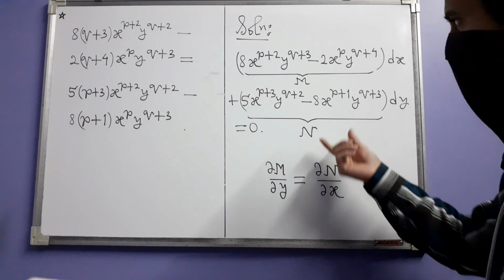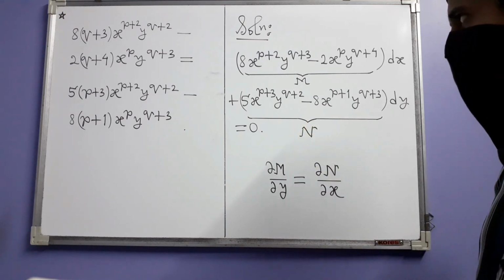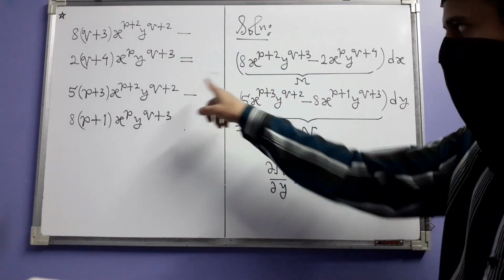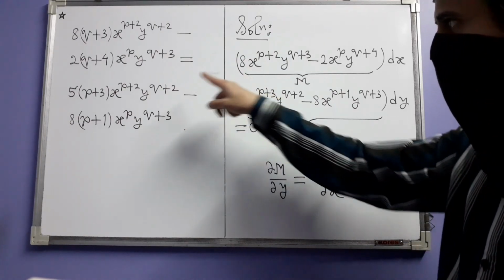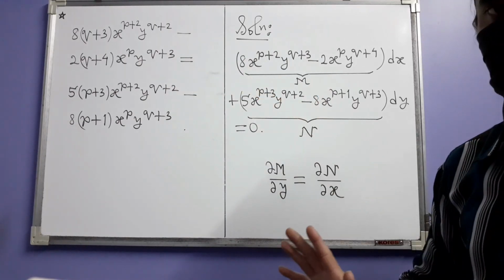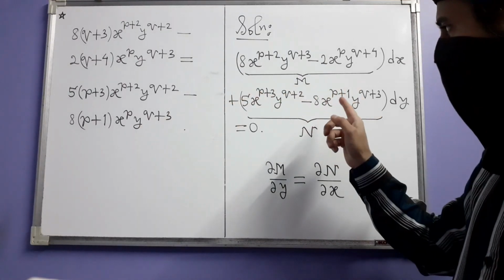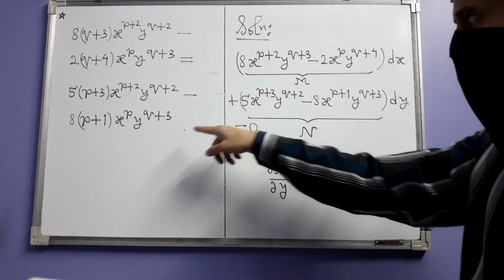Alright, and now this one partially with respect to x, so now y is constant, so this one will be 5 times p plus 3 times x to the power p plus 2 times y to the power q plus 2 minus 8 times p plus 1 times x to the power p times y to the power q plus 3.